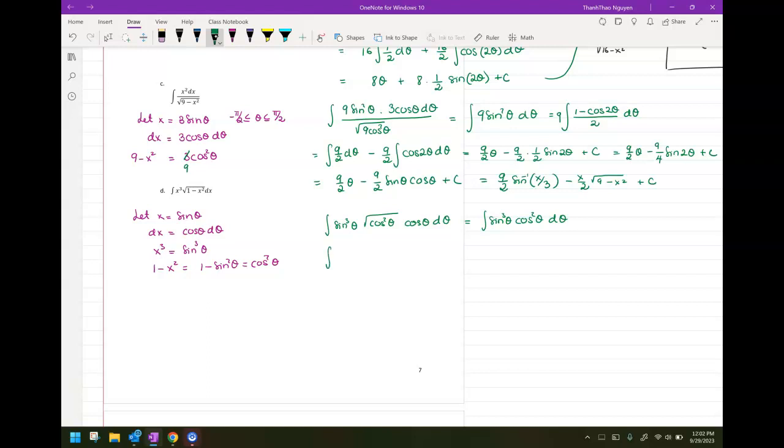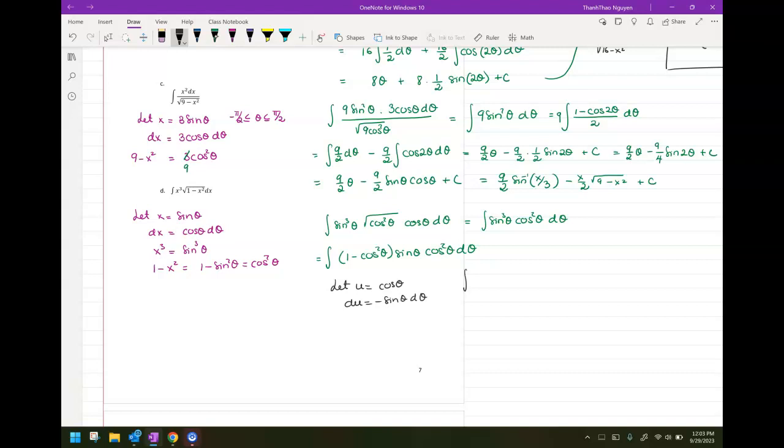Well, sine cubed of theta equals sine squared of theta times sine of theta. And I can rewrite this as (1 minus cosine squared of theta) times sine of theta times cosine squared of theta d theta. I solve this integral using u substitution. Let u equal cosine of theta. du equals negative sine theta d theta.